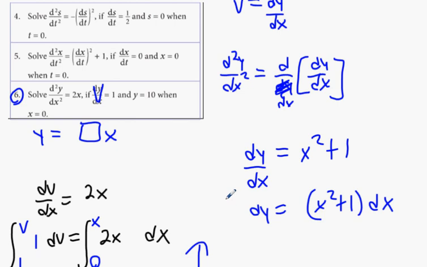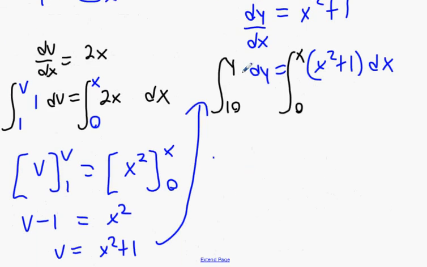Integrate both sides. What are our limits for this one? Y is 10 when x is 0, x up here, y up here. Bring it down, and we're going to get an integral of y to 10.